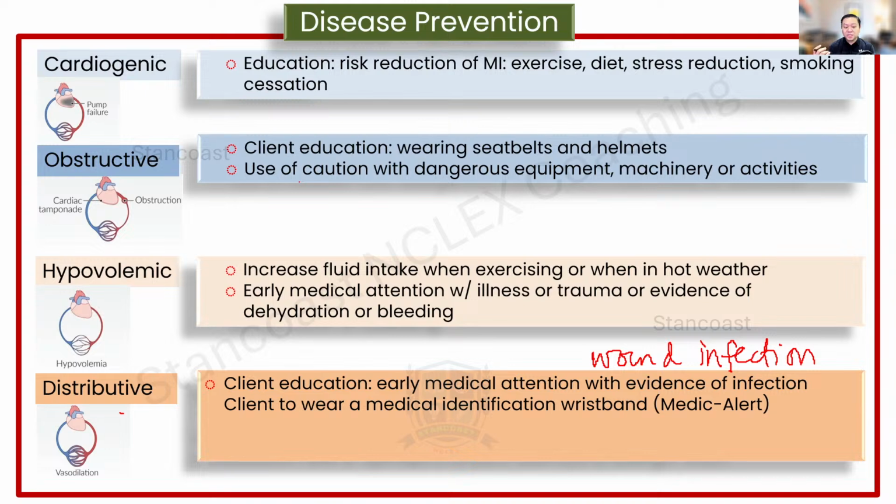We really need to teach those manifestations so that they can report those to the medical provider. And if they need to complete antibiotic therapy, that's another big deal. They need to be compliant with the completion of the antibiotic therapy so that there's going to be less incidence of bacterial resistance.